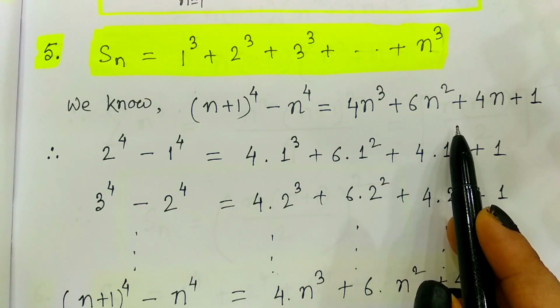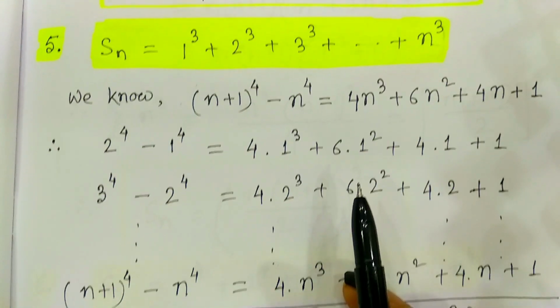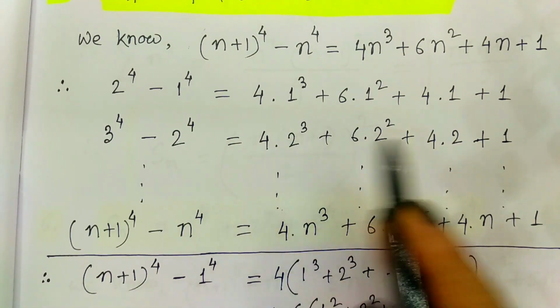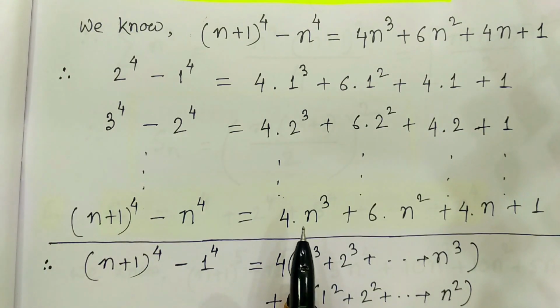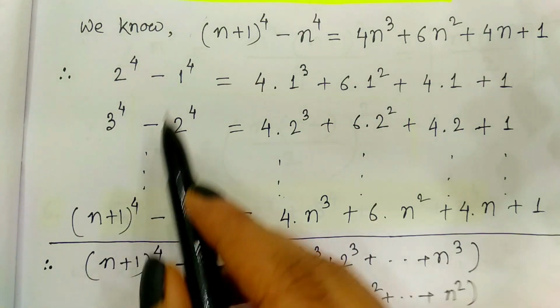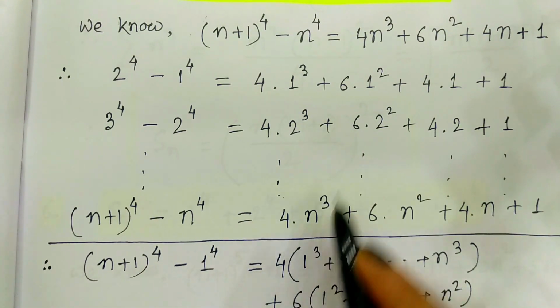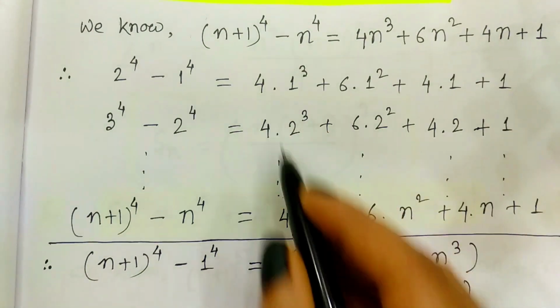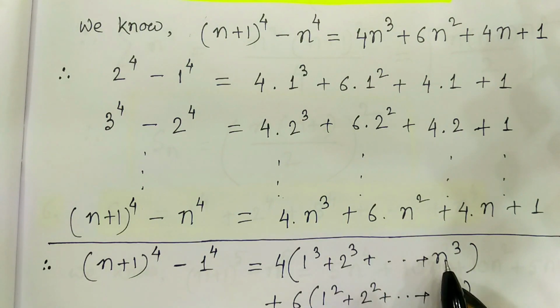If we now substitute n for 1, 2, 3 continuously up to n, then after that substitution we find this portion. And if we add all those equations, then (n plus 1) to the power 4 will remain and minus 1 to the power 4 will remain. So this part will be there. And for the rest, if we take 4 common from here, then it remains 1 cube plus 2 cube plus 3 cube, in this way up to n cube.